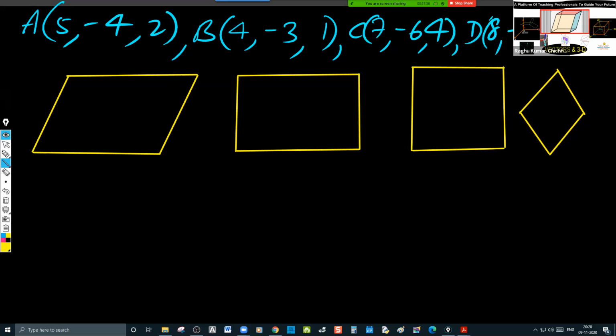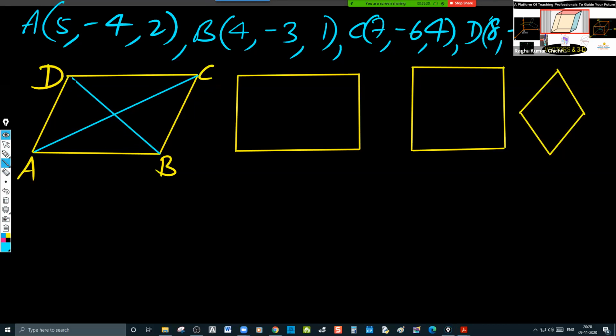So what is the common property of all these? It is the lengths of the diagonals. You may be knowing this, but I'm insisting. This is AC, this is BD.